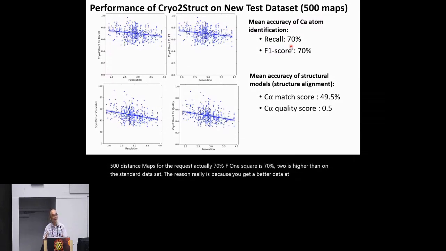So even with the same method, you get a better output. Then for the model quality, after you build the atomic model, the carbon alpha matching score is about 50%. The carbon alpha quantity score is also about 50%. So it's also better than on the standard data set. That means if you get better data using the same method, you automatically get better results.